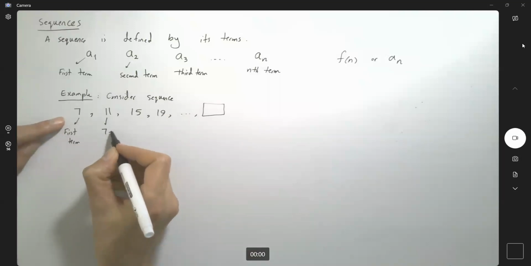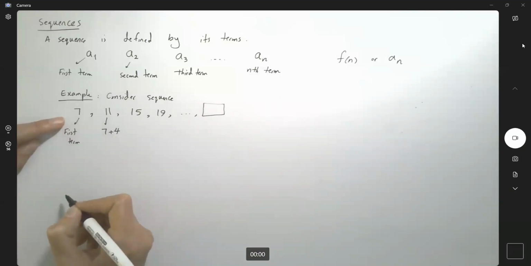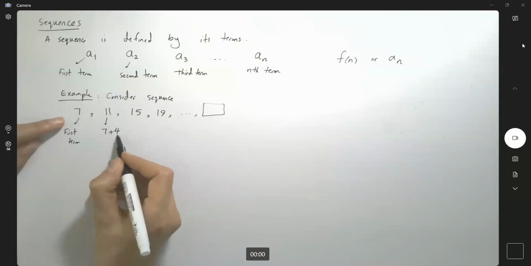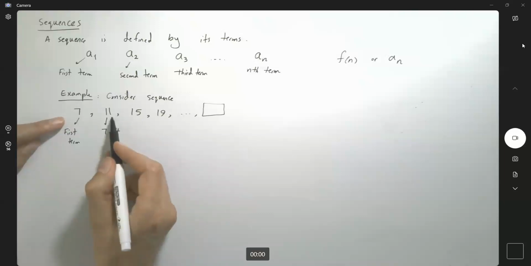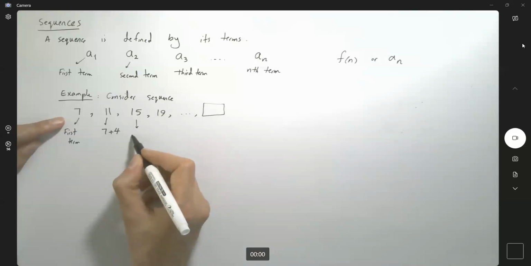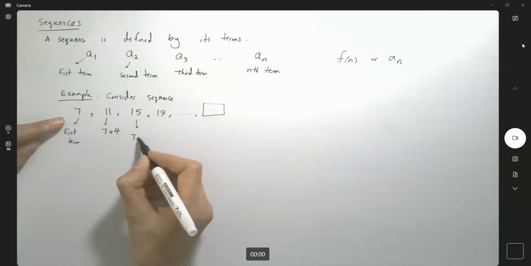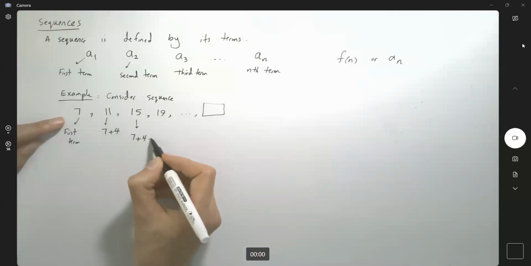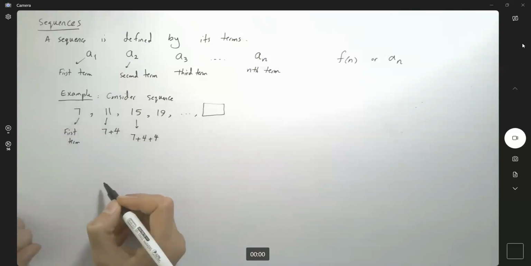11 is 7 plus 4, all right? Your first term plus 4 gives you the second term. This guy is basically 7 plus 8, or plus 4 plus 4.